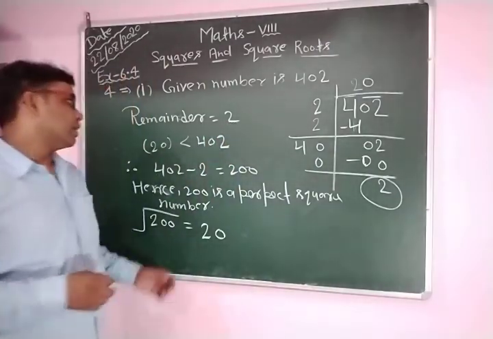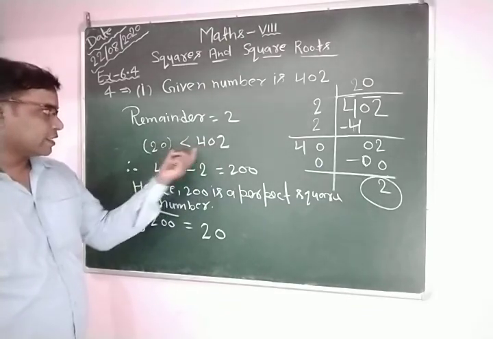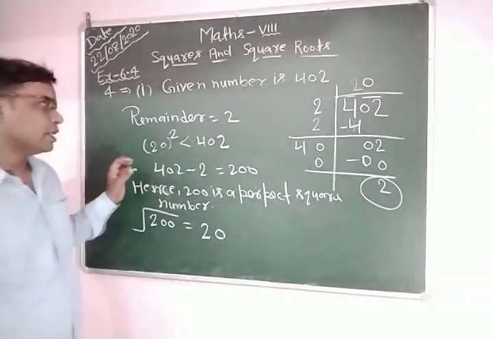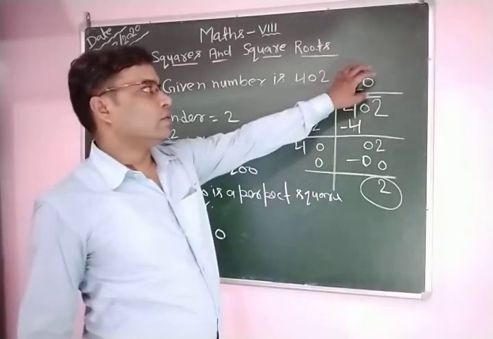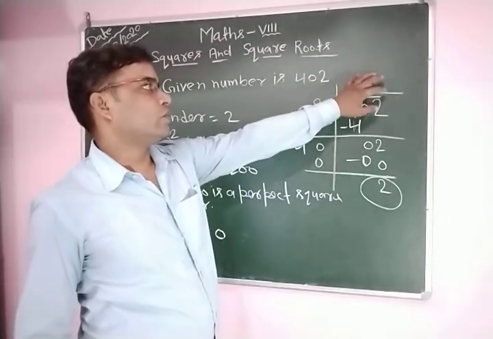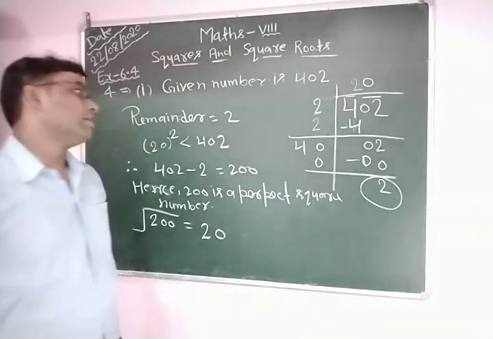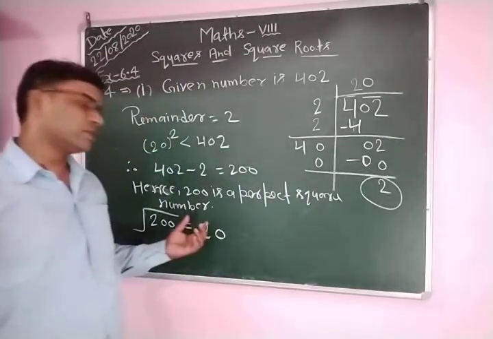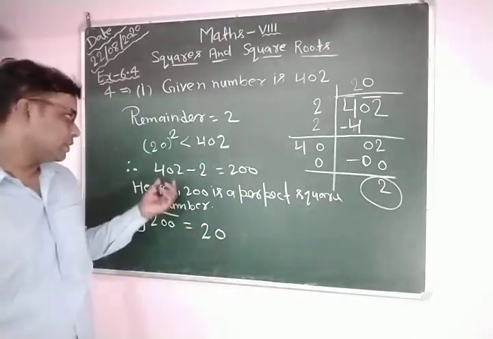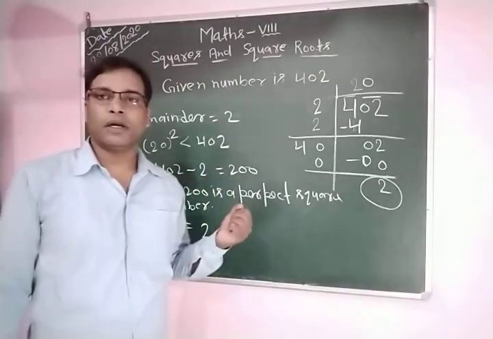Since the square root of 402 is 20 and the remainder is 2, we subtract the remainder from the given number. So we subtract 2 from 402, and then we obtain 400.